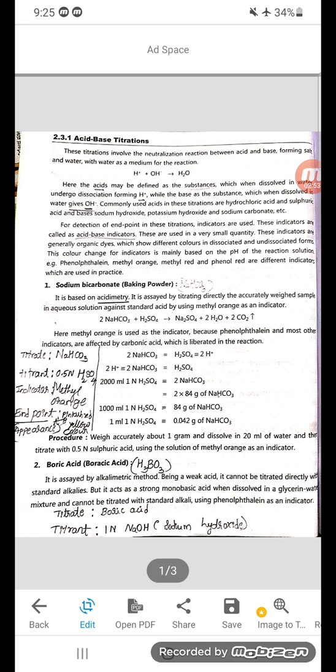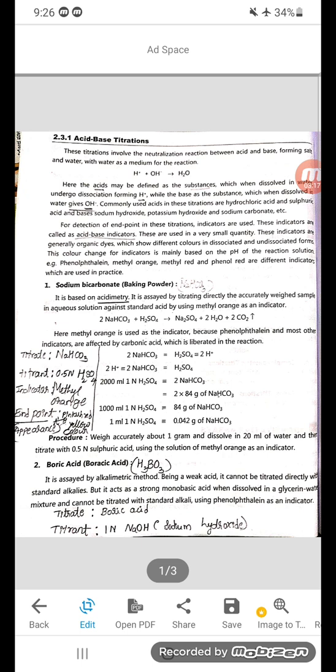Some examples we can study: the sodium bicarbonate assay, boric acid assay, ammoniated mercury, and the ammonium chloride assay. All these assays are based upon acid base reactions, that is, titrations themselves.